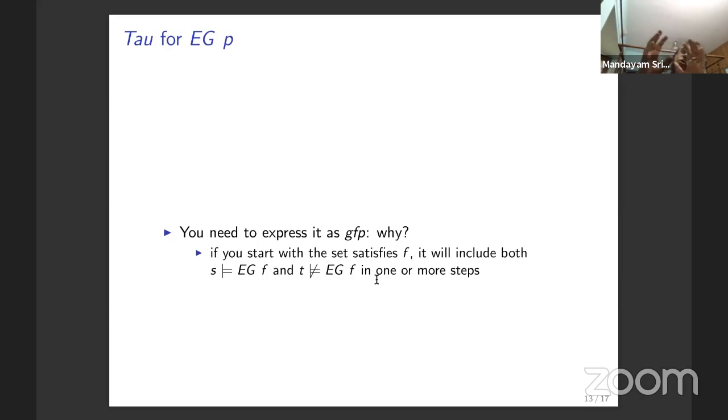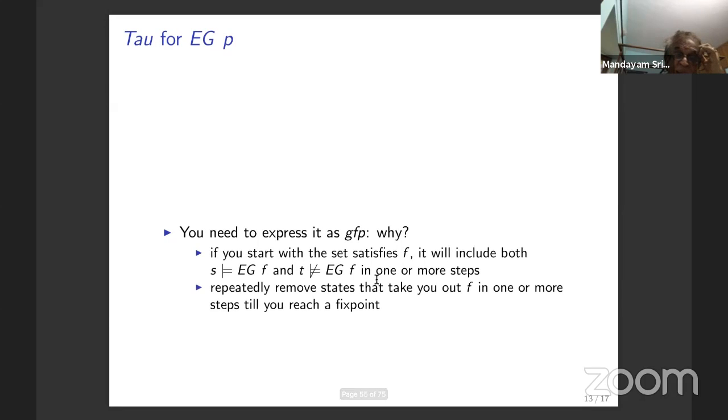Although each state in there satisfies F, there could be states which will get you out of F. Since EG of P has to have all the states on which F continuously holds, you can define it by repeatedly removing states that take you out of F in one or more steps till you reach a fixed point.